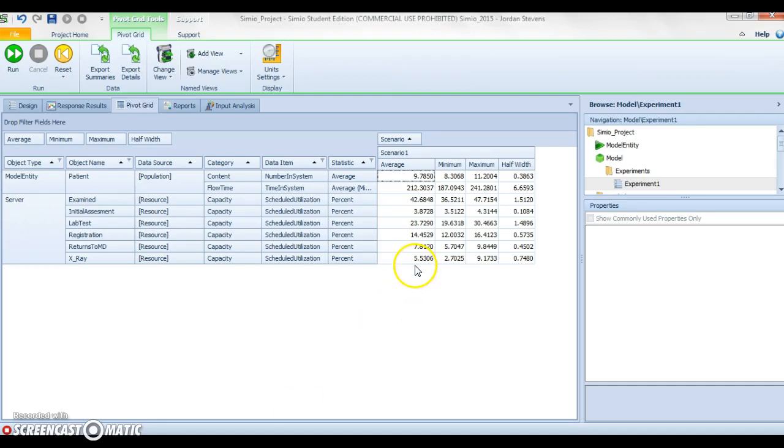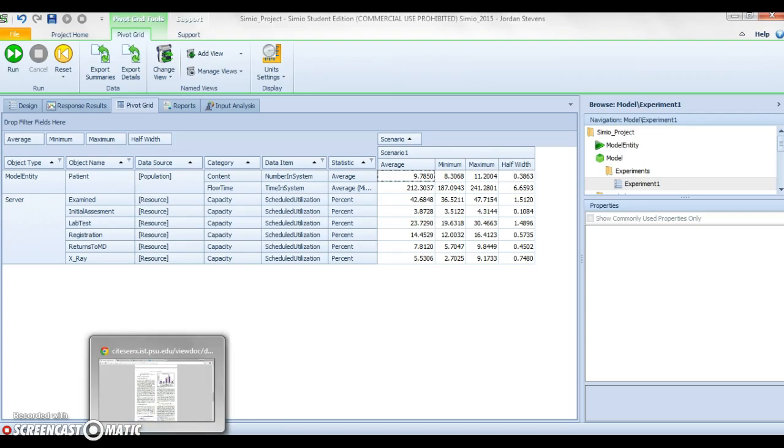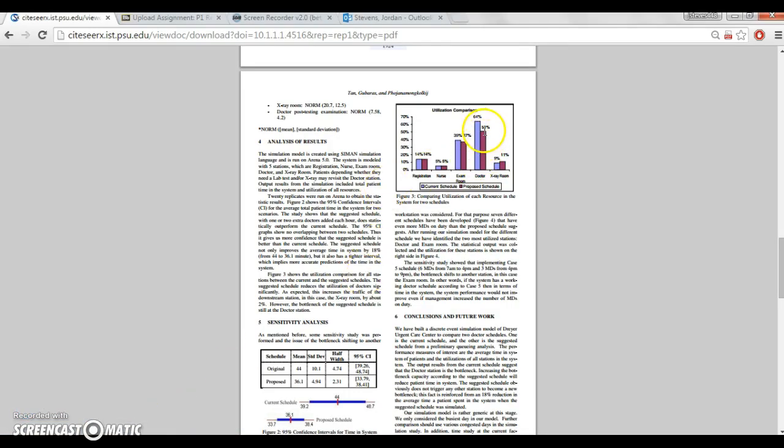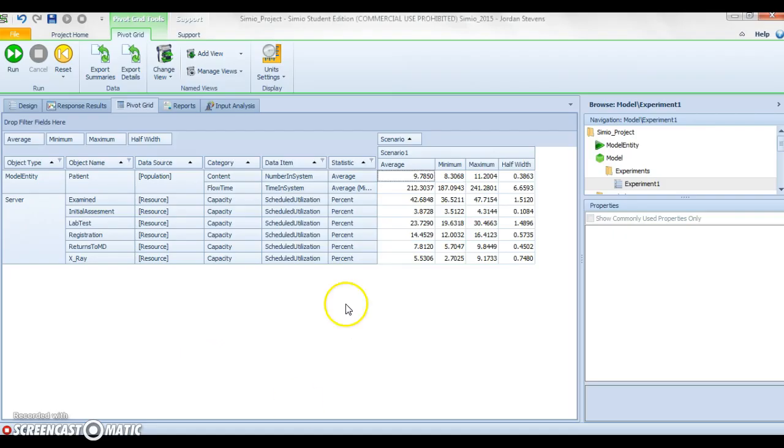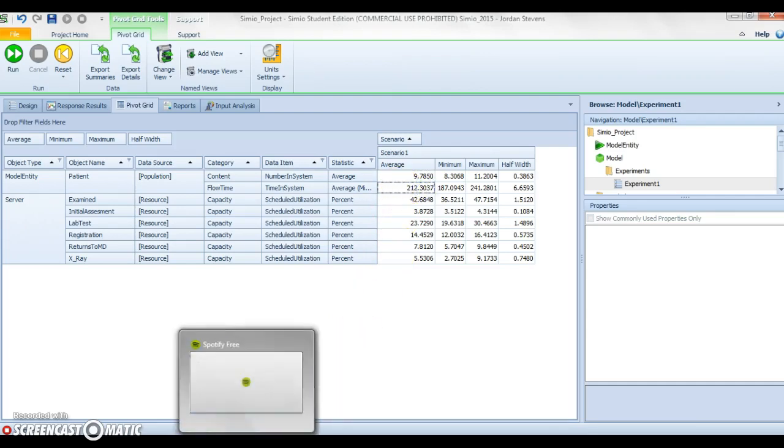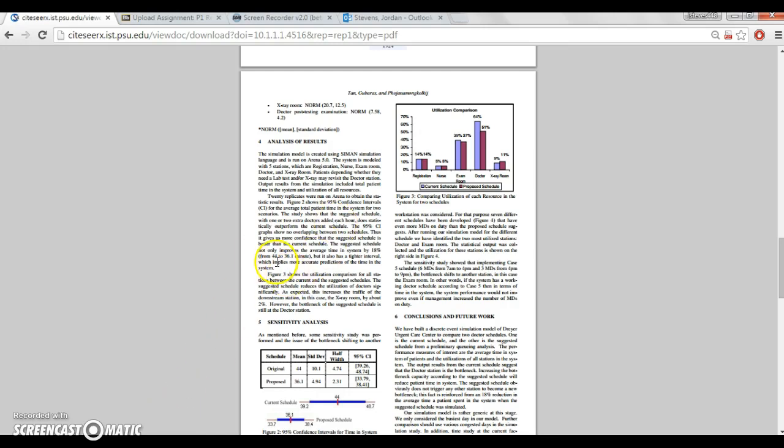Now in my simulation, I got 42% for the scheduled utilization for examine, and I got 7% for my scheduled utilization for returns to MD. That's 49% scheduled utilization for my proposed schedule, which is just 2% off of theirs. So I have a 15% drop in mine. Also, if you notice, my average time in system is a lot larger than their proposed time in system of 44 minutes and 36.1 minutes.